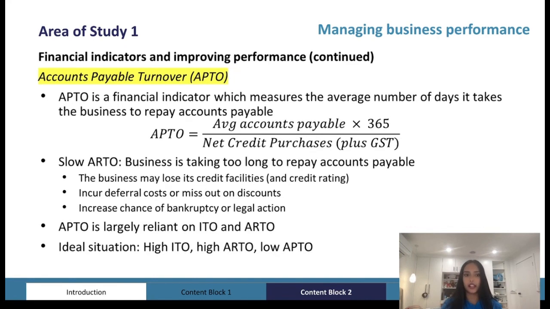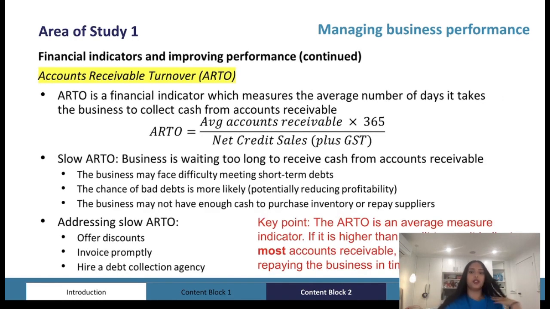And with the next one, accounts payable, it's the average amount of time it takes the business to pay accounts payable. So this might indicate that most accounts receivable on average aren't repaying the business on time. So it might even just be one or two really, really slow accounts receivable, but most of your accounts receivable are fine. So that's when it's important to look deeper into the issue and try to target what the actual issue is.